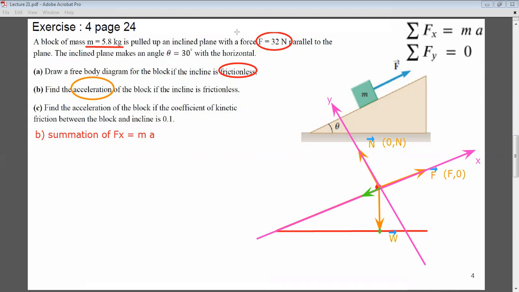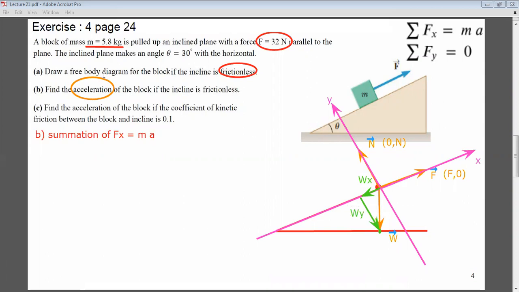And then I go along the y-axis, okay? So this is Wx, and this is Wy.